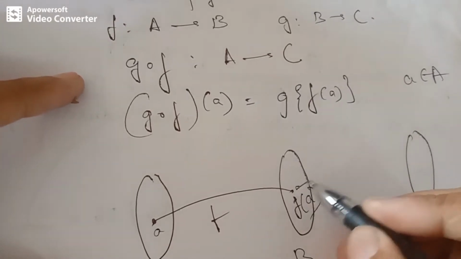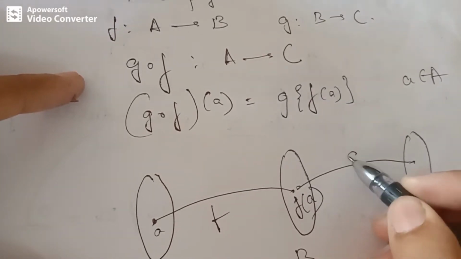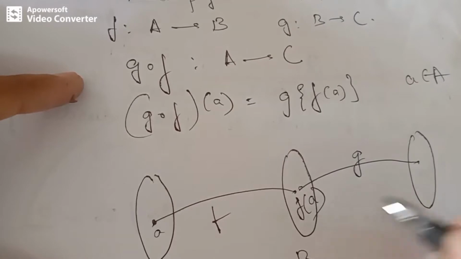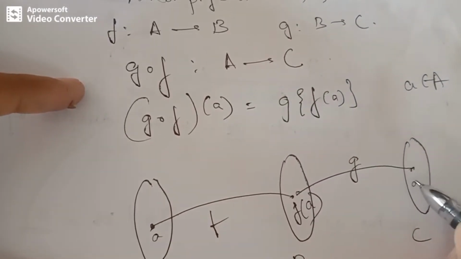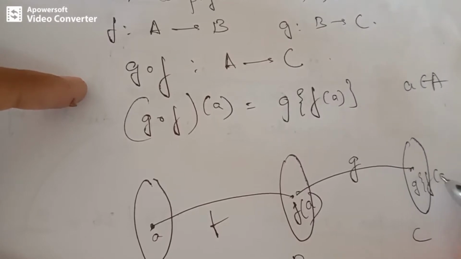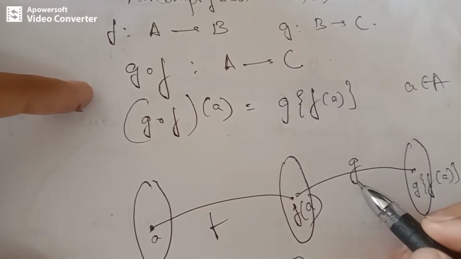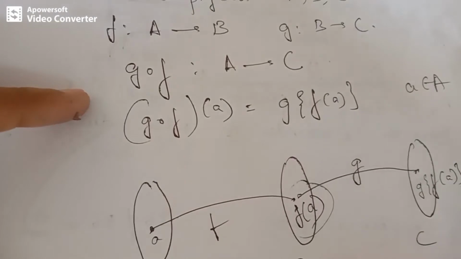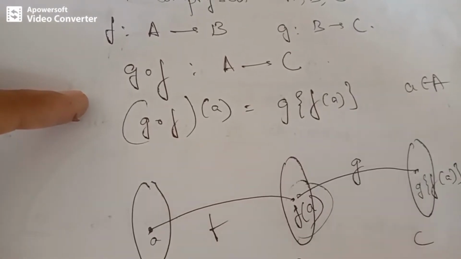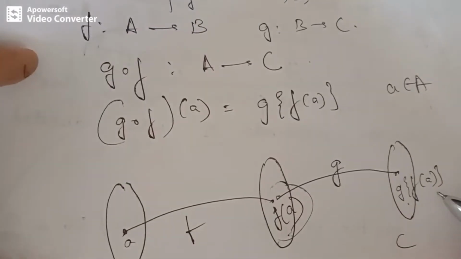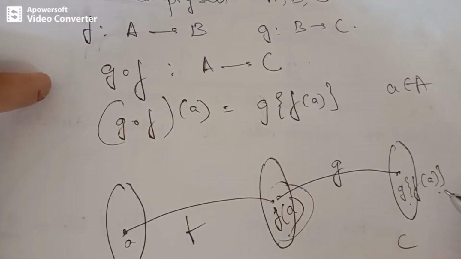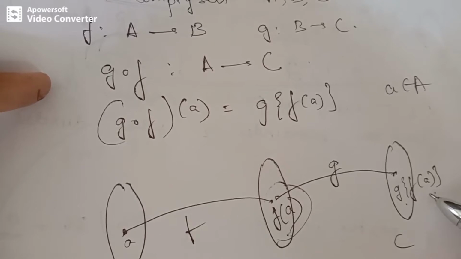Next you will have the function g, which is a mapping from set B to set C. Here you will have the image g of f of a. So the function g carries the element from set B to set C. This element is nothing but the image of a, g of f of a. Clear?